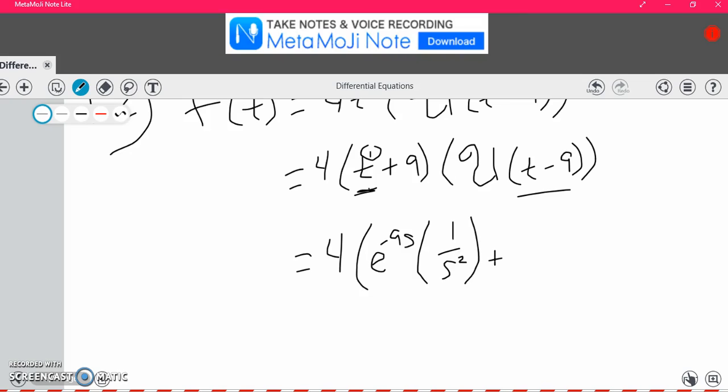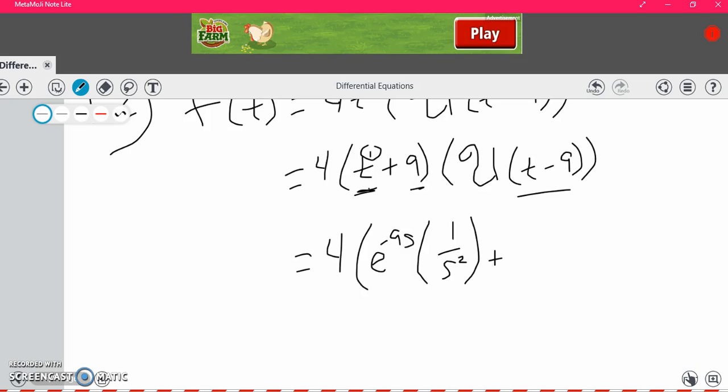Now we have to do the same thing with the 9. You can just bring the 9 up front and pretend it's a 1. So again, we have the e to the negative 9s, and if it's a 1, we know it's just 1 over s.